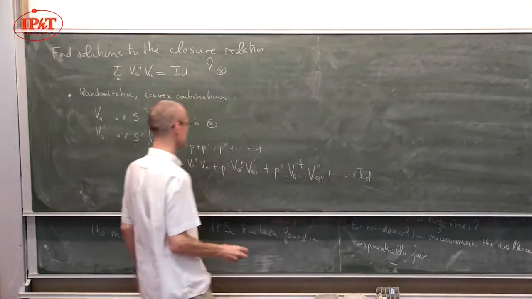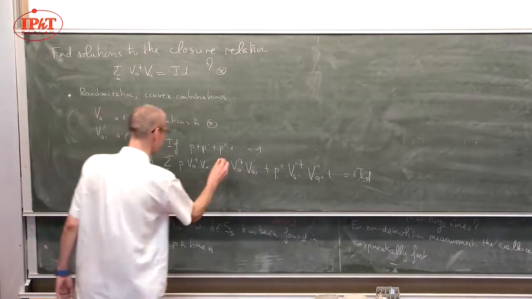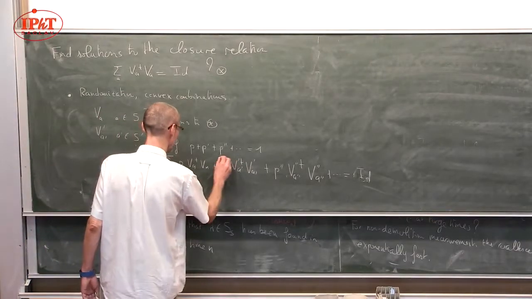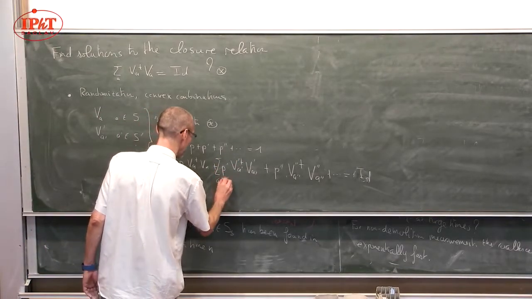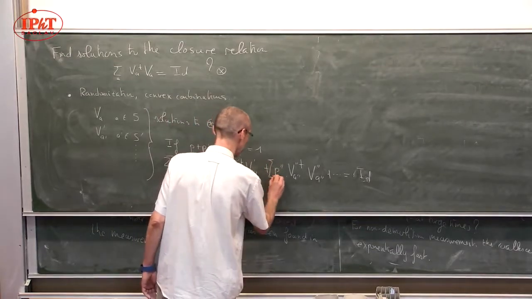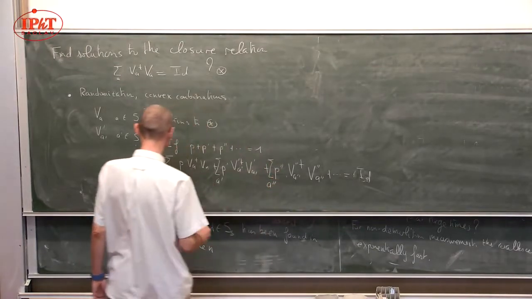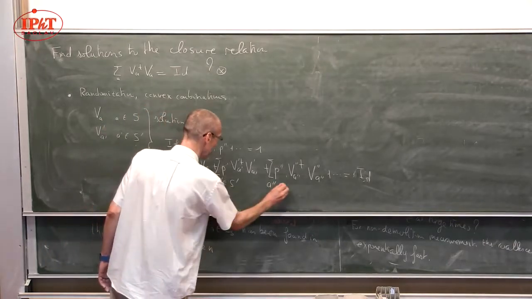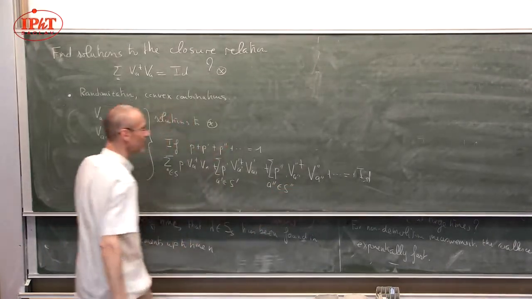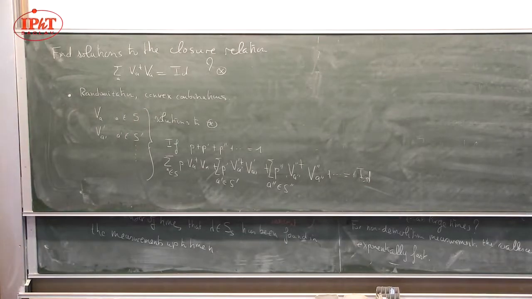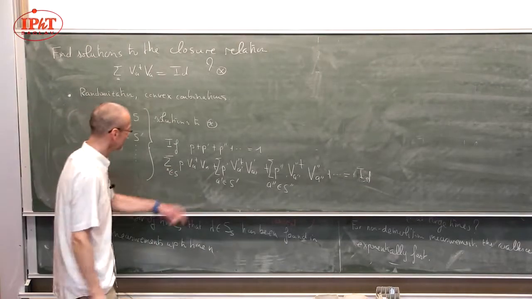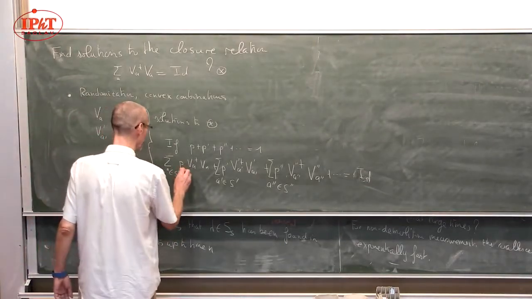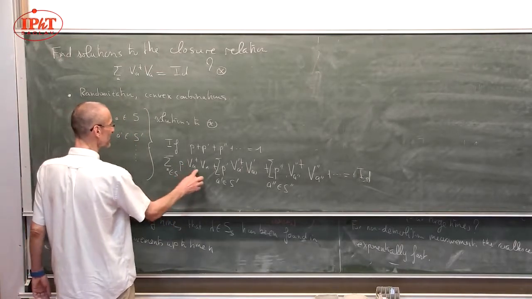I'm sorry, I should write down a sum over A prime, a sum over A double prime. Of course, you can decide to incorporate the square root of P in each of these operators.